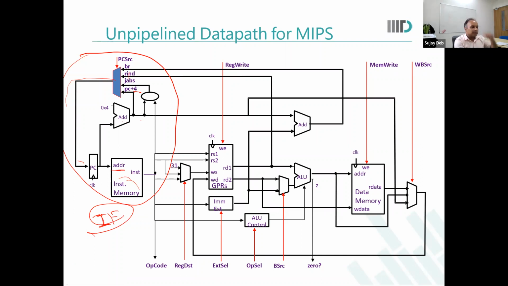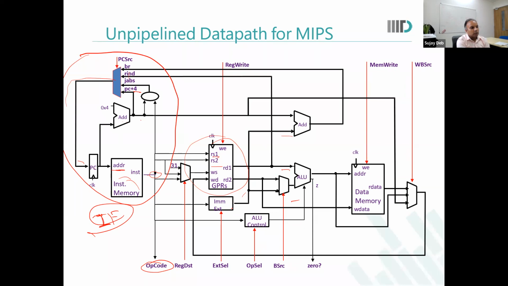Instruction decode: here the control part is not shown, but let's say this is your instruction. You get your 32-bit instruction, and you separate out the opcode. From that opcode, you generate all the control signals. Now, this is your register file. You read your 2 source registers, and those 2 source registers are provided to the ALU for the execution stage.